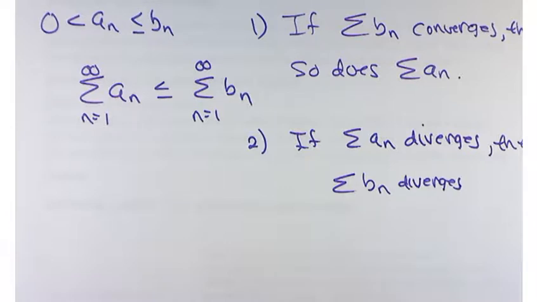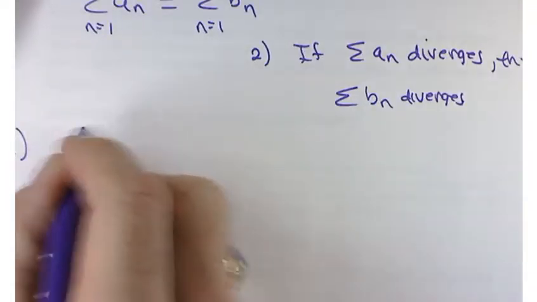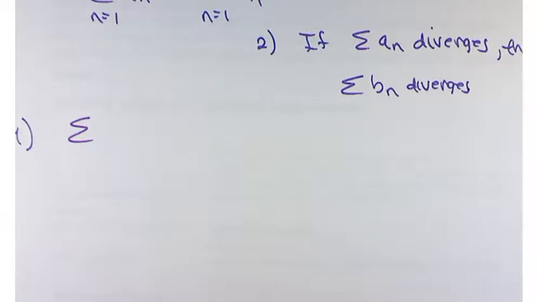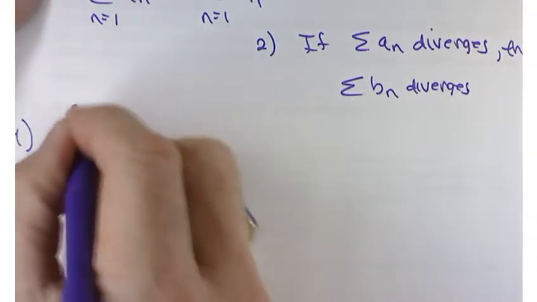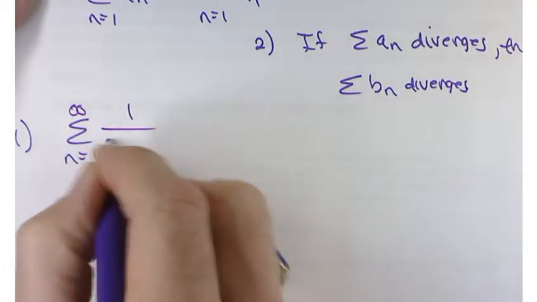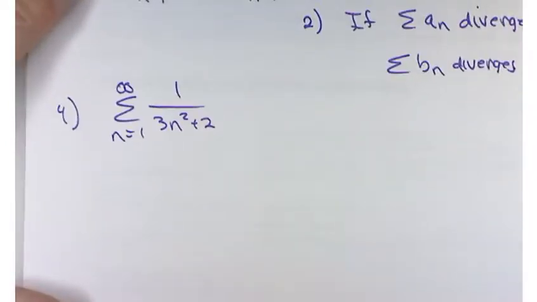So let's start with a few examples, starting with problem number 4: the sum from n equals 1 to infinity of 1 over 3n squared plus 2. Now this one, let's think about it this way.